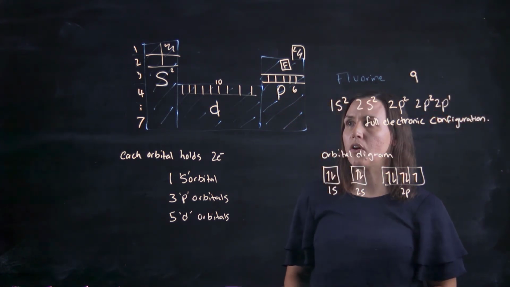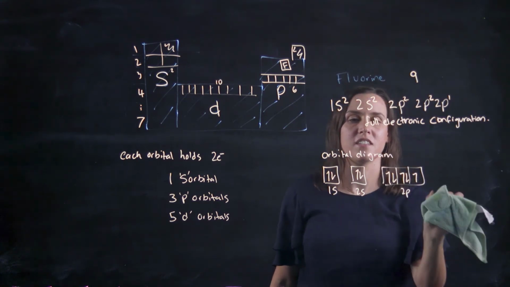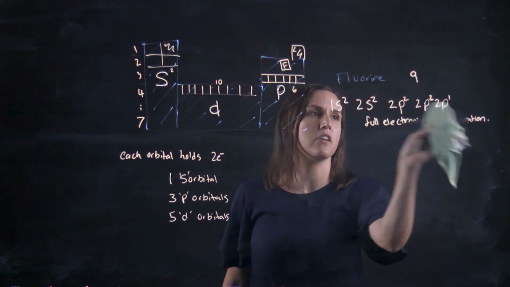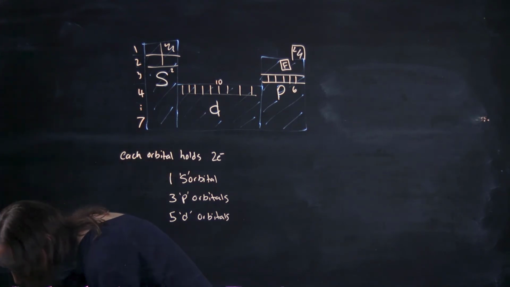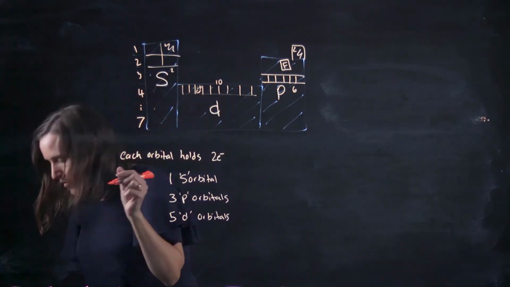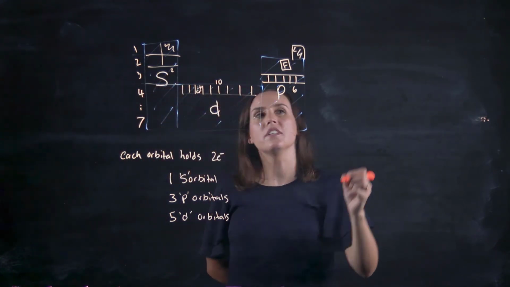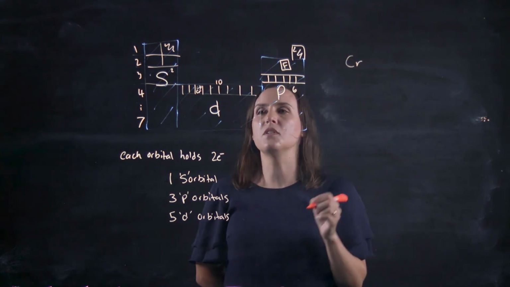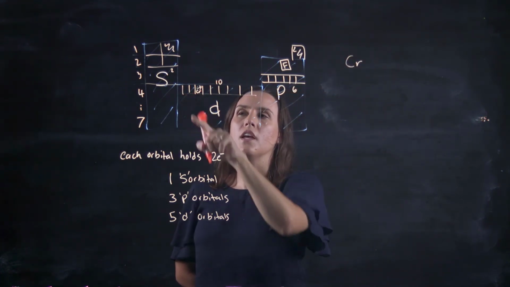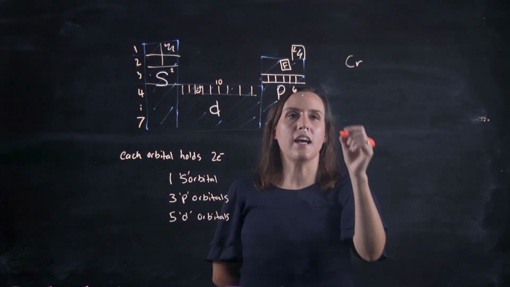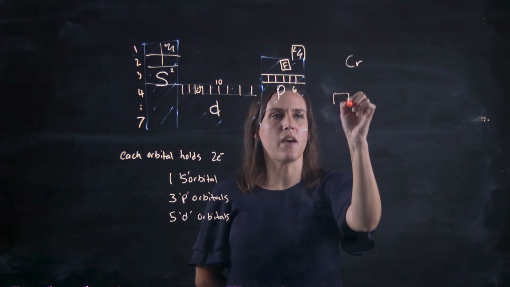So now I'm going to work on something that's in the D block, a little bit further down on the periodic table. I'm going to look at Cr, which is element number 24. When I'm filling this out, I might do the orbital diagrams because they're my favorite.